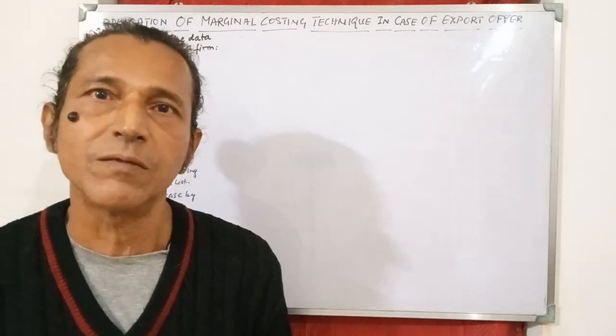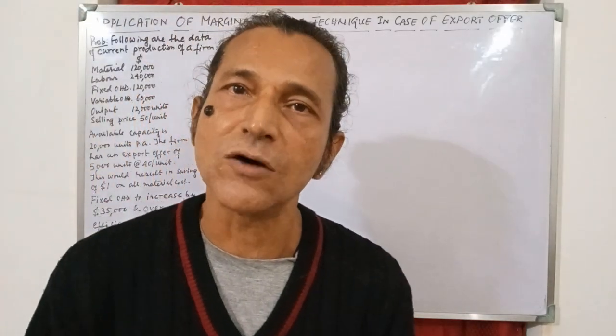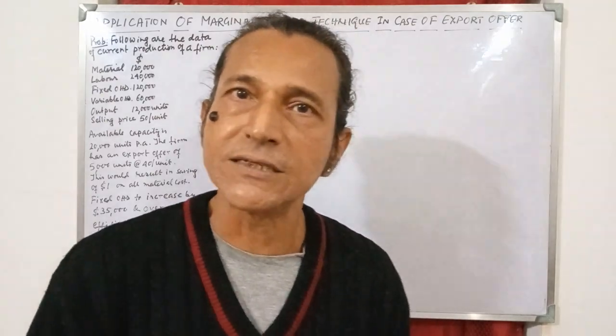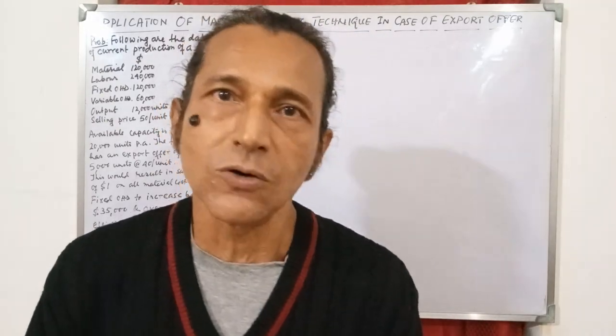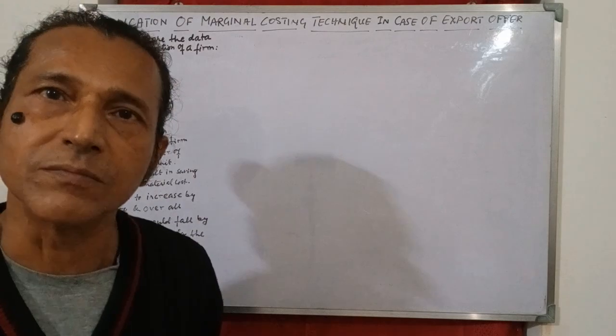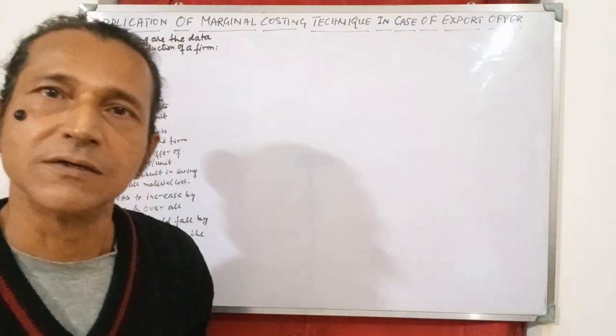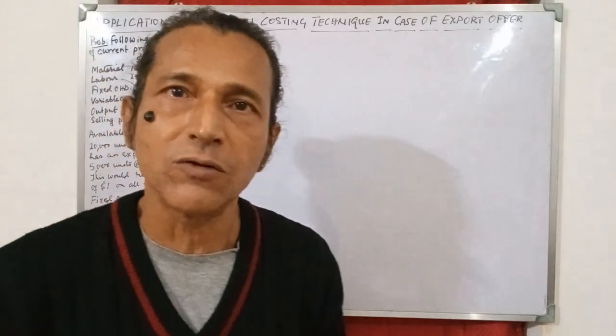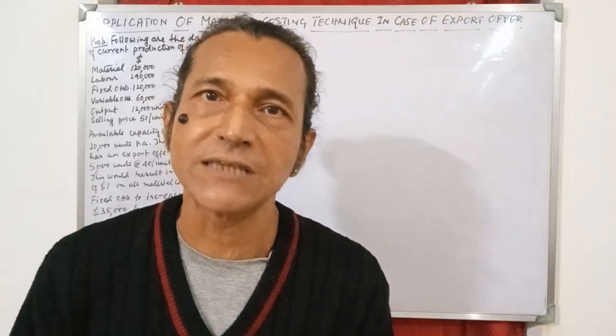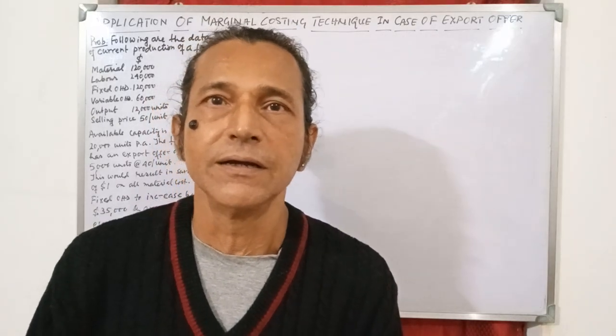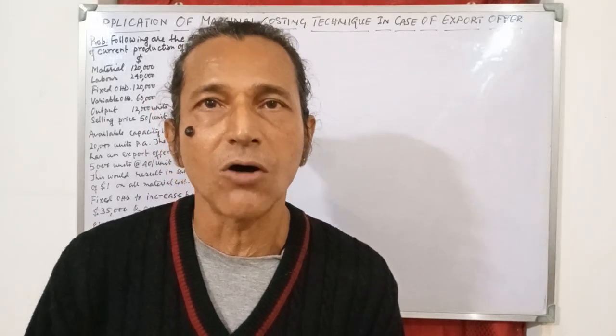Because the firm can produce additional 8,000 units without increasing plant and machinery. So when the firm receives an offer to export 5,000 units, then the firm has to decide whether it is beneficial for the firm or not.